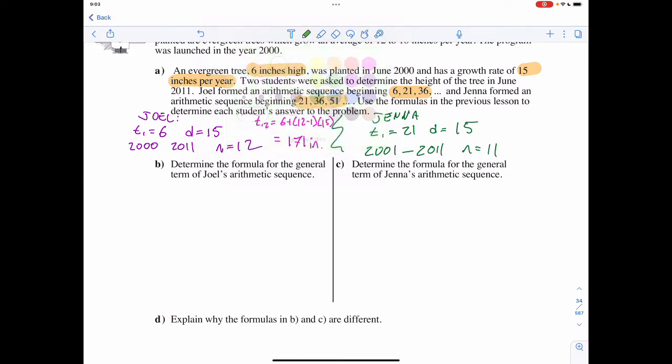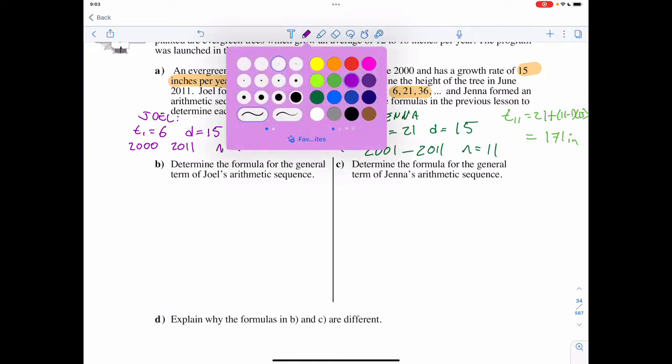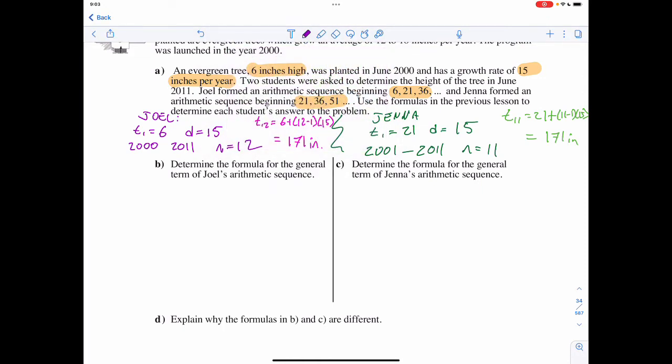For Jenna, if term 11 is equal to 21 plus 11 minus 1 times 15, then it's going to be 171 inches.